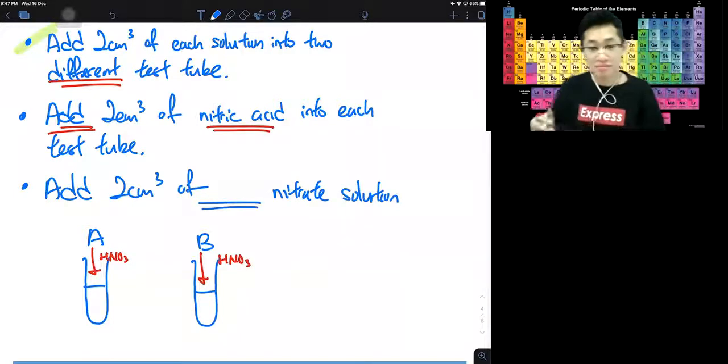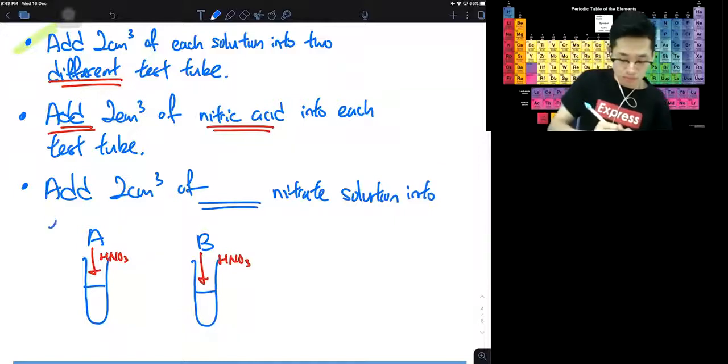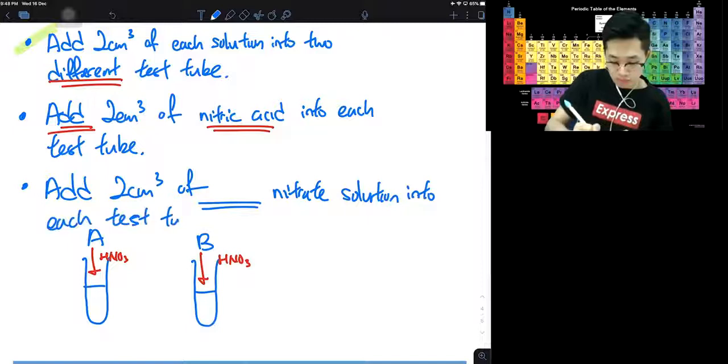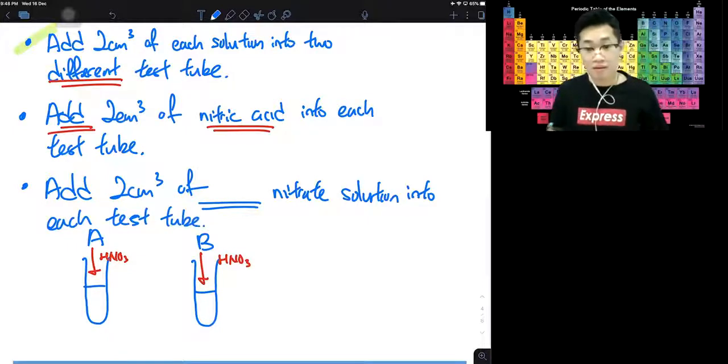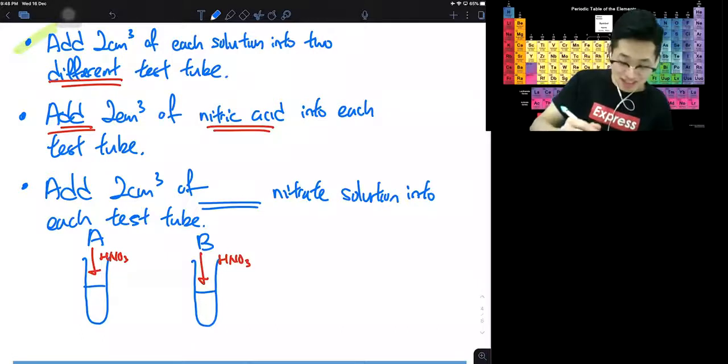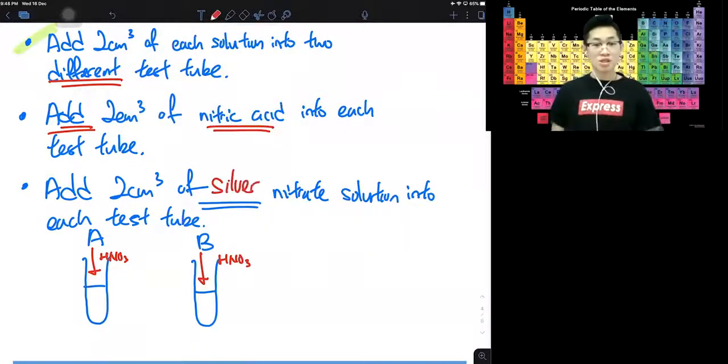What nitrate do you want to use? Okay, silver. So I add 2 cm cube of silver nitrate into each test tube.